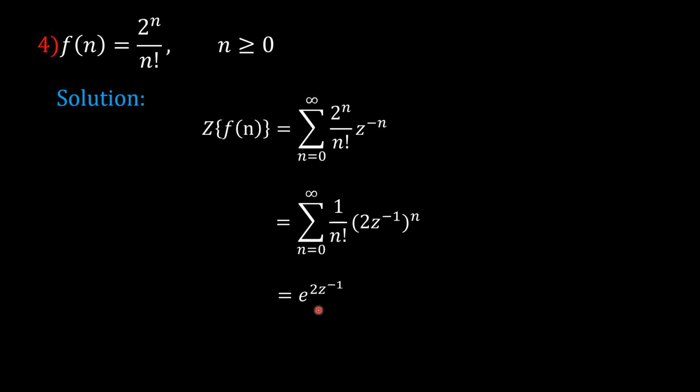Rewriting this term, we get the z transform of the given function as f of z equal to e raised to 2 upon z, which is the z transform of the given function f of n equal to 2 raised to n divided by n factorial.